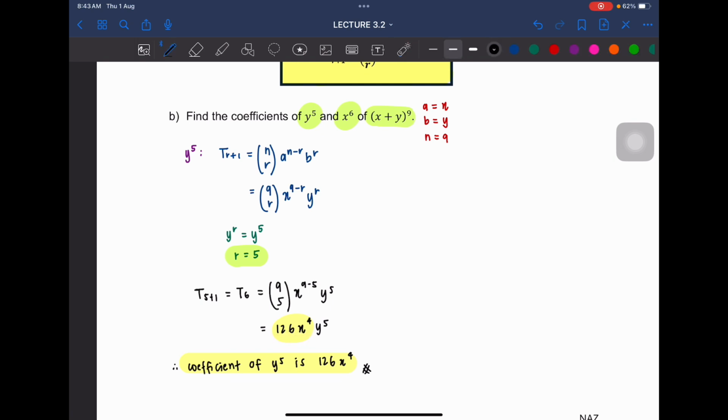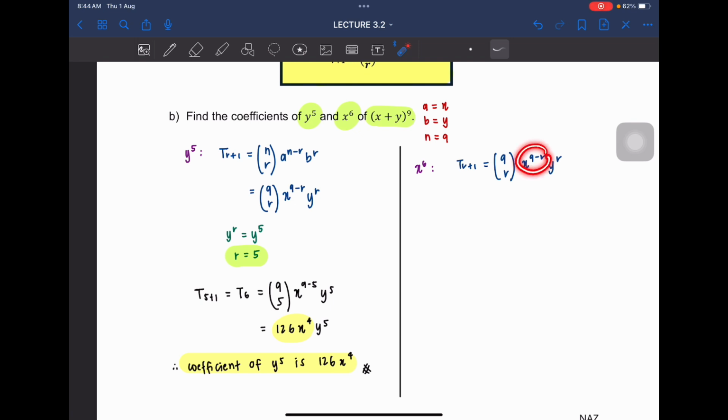Okay, so we try another one, the same one, but for this case we want to find the term that has x to the power of 6. We just need to use the same method. So you insert your formula first: 9 choose r, x to the power of 9 minus r, and y to the power of r. We don't know the r yet because we don't know which term has x to the power of 6. So now we can compare.